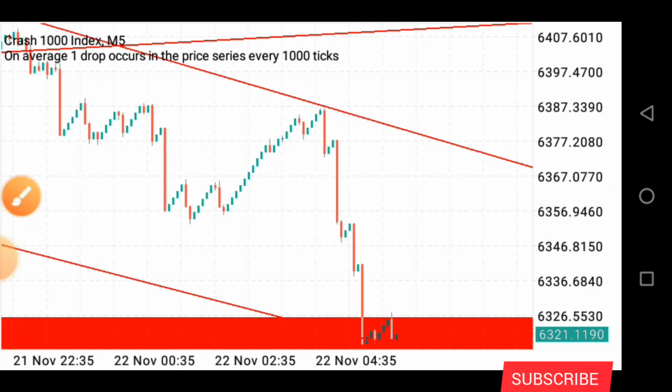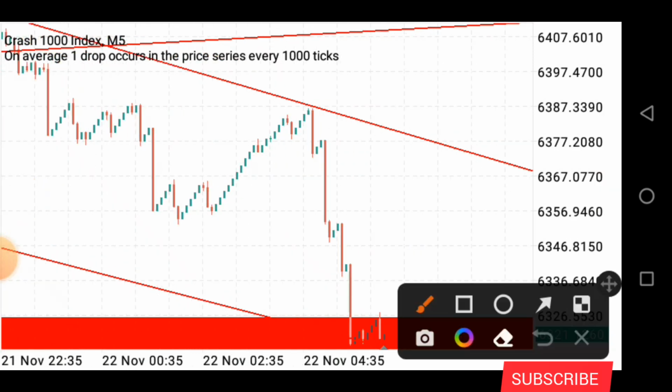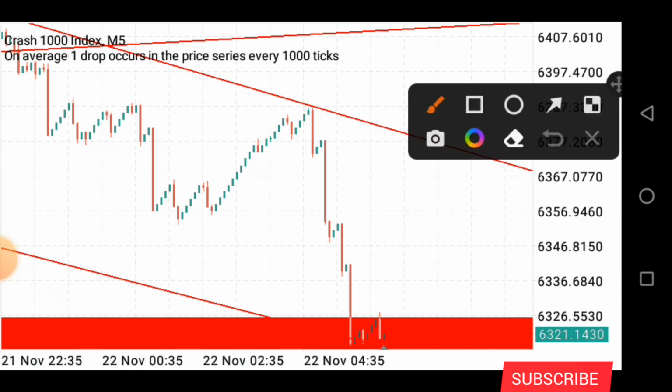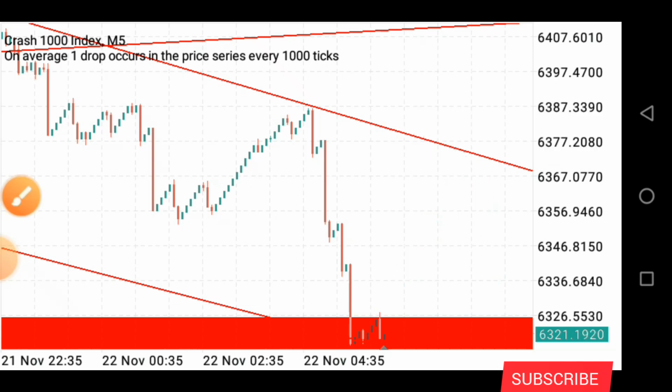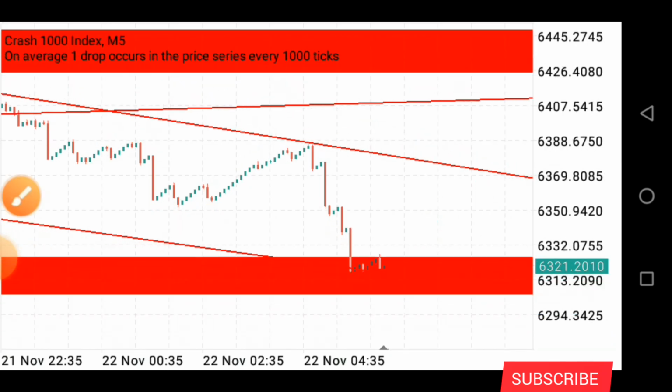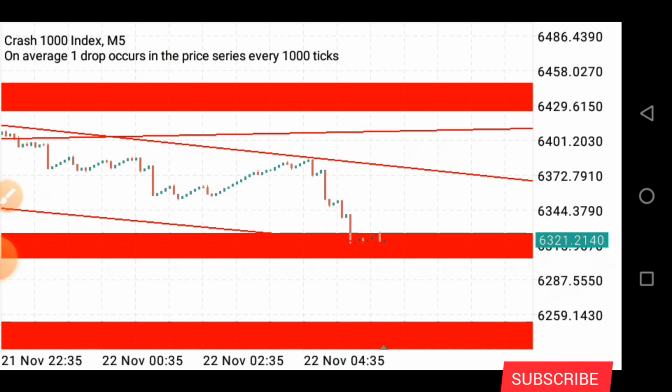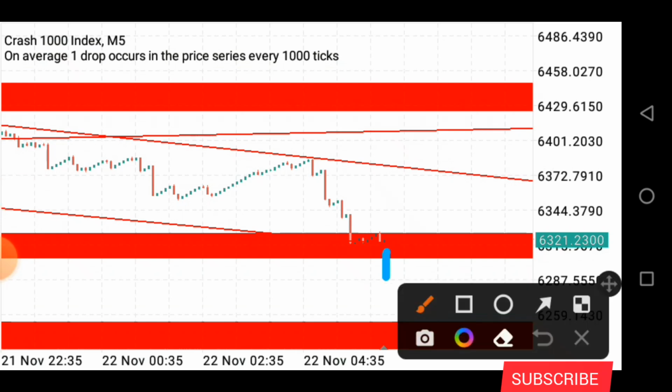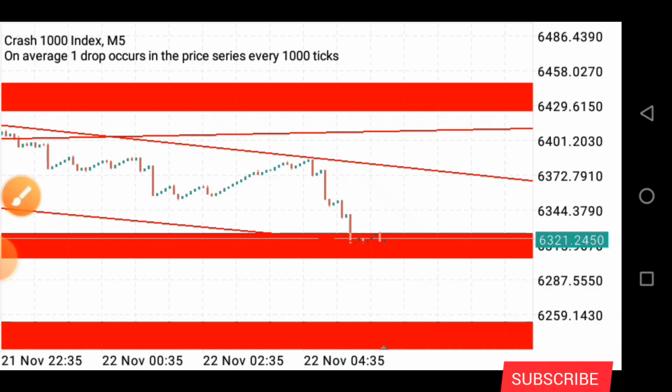Or price will go up and then bounce back. There are two ways this is going to play. Or it's going to break this zone below, retest, and then continue to the downside, right?